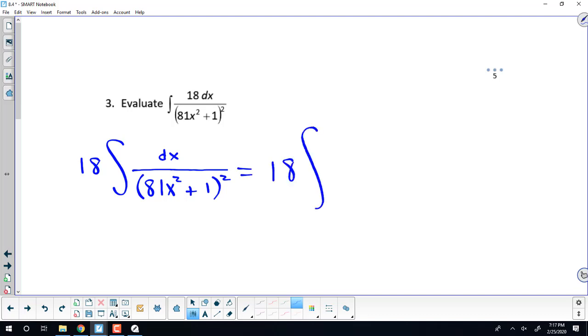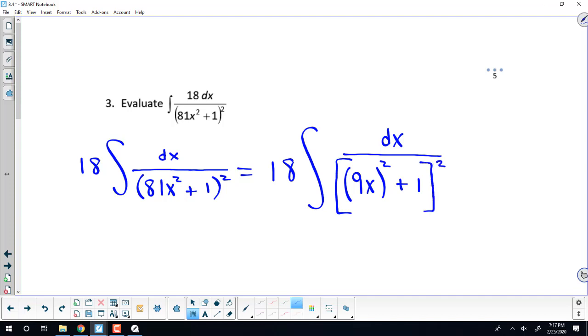So we're going to rewrite 81x squared as 9x quantity squared plus 1, and all that's squared. So there's our 81x squared plus 1 squared. Now we have a square plus 1, and so we're thinking, what trig identity? Tangent squared plus 1 is secant squared. So for our substitution, we're going to let 9x be tangent of theta.